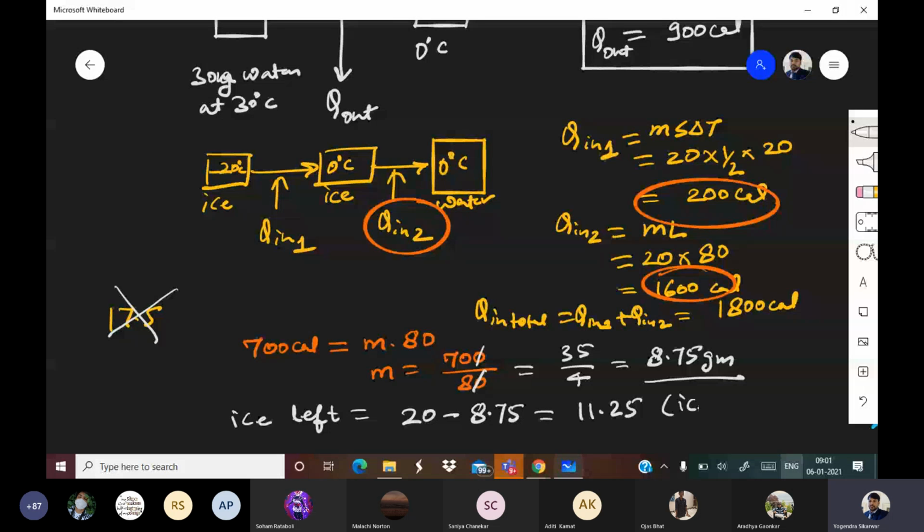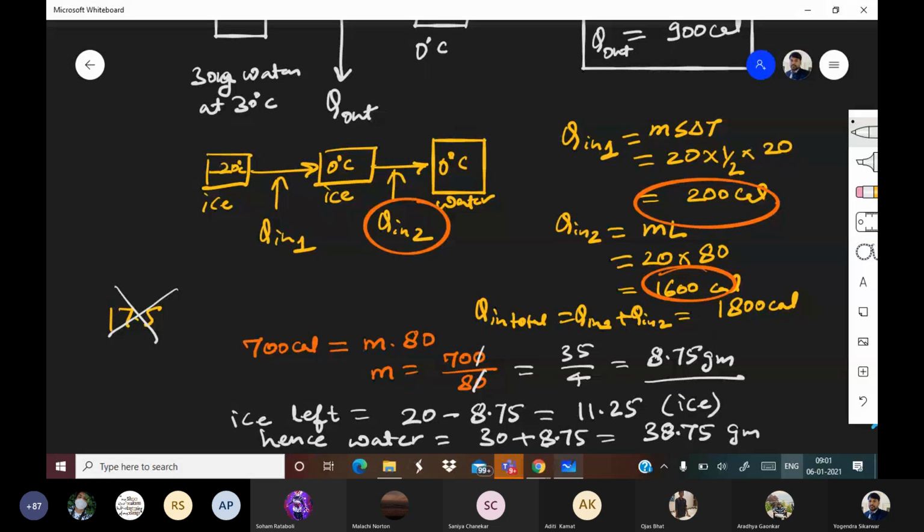So this is the ice. So water will be how much? 8.75 plus 30. So water is equal to 30 plus 8.75, so that will be 38.75 gram.